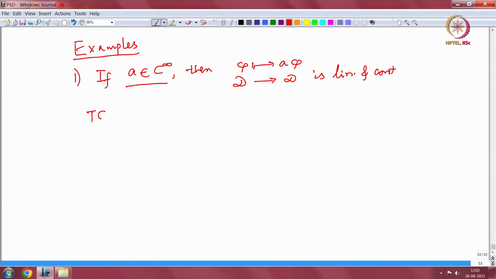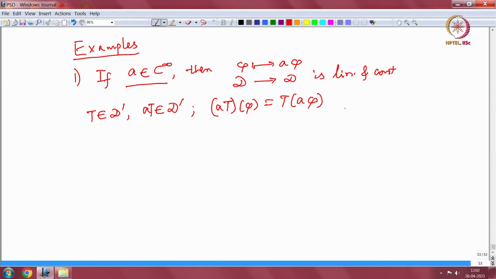So T in D prime, AT is also in D prime. And AT was defined: AT acting on phi is T of A phi, and because of that observation, this definition makes good sense.